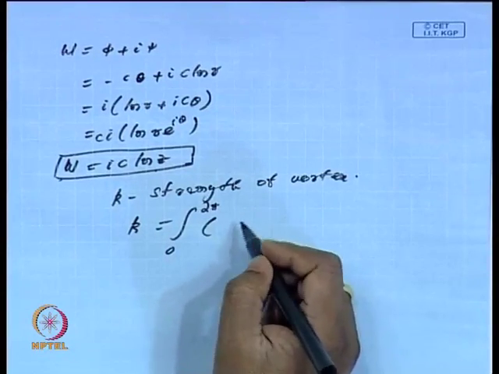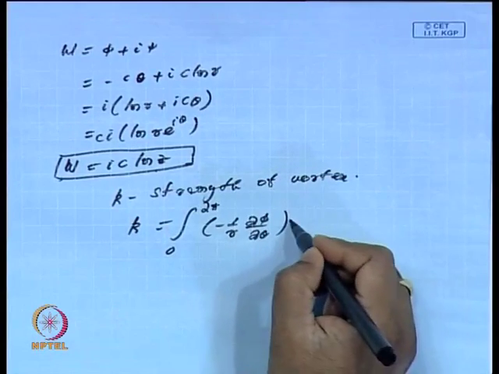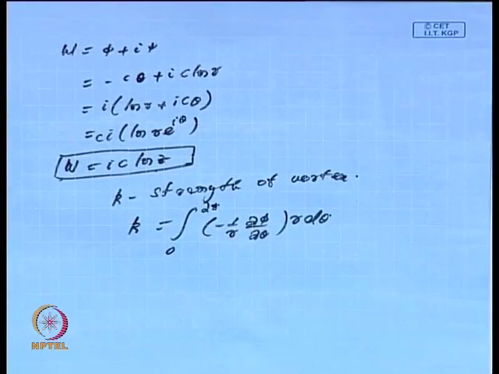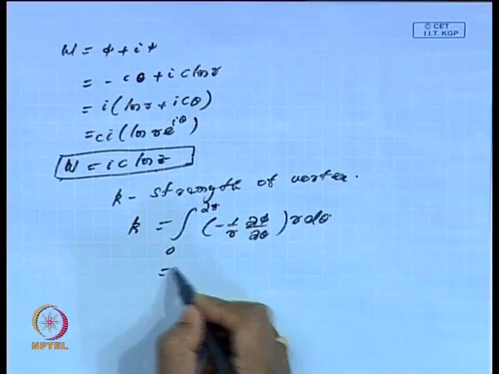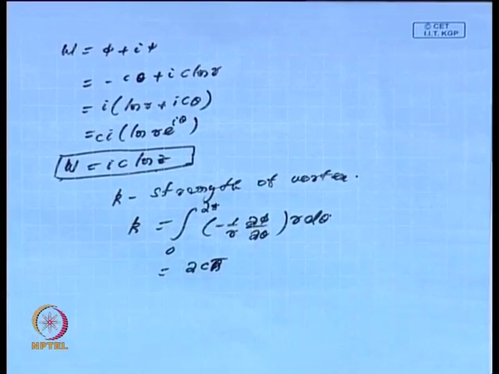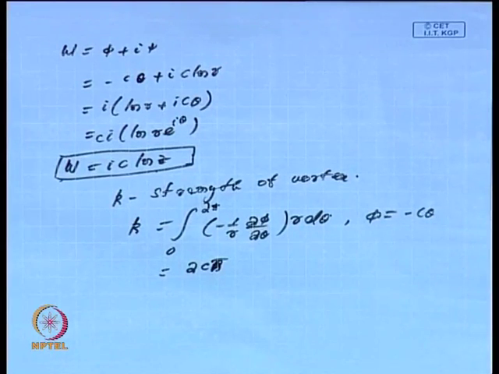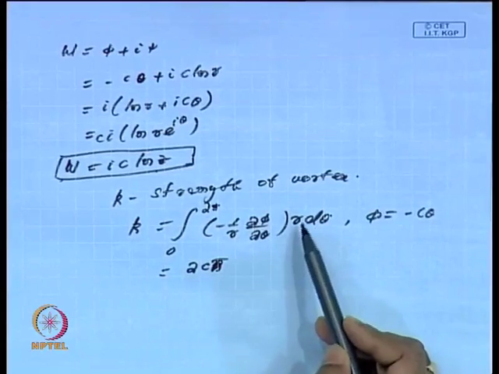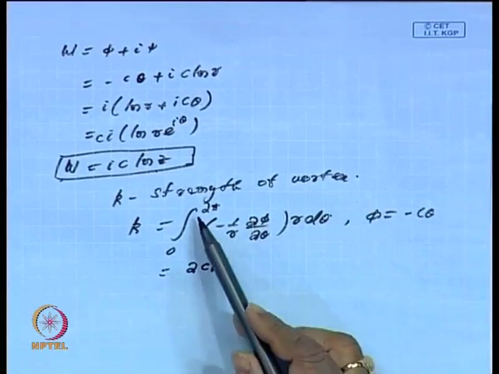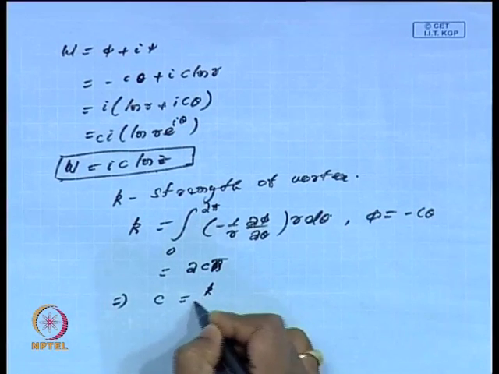So, it will be the integral from 0 to 2 pi of minus 1 by r del phi by del theta times r d theta, and that will give me 2 c pi, because as I found, phi is minus c theta, so this minus will become plus, r will get cancelled, and del phi by del theta will give c. So, the integral from 0 to 2 pi gives 2 c pi, which implies my c will be k by 2 pi.